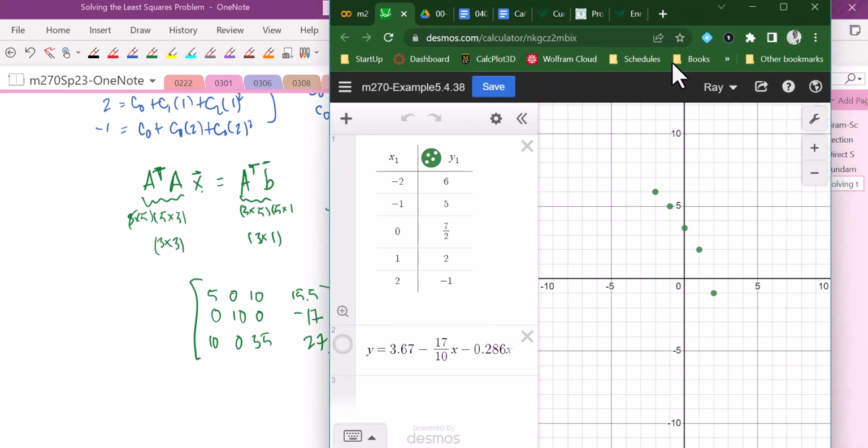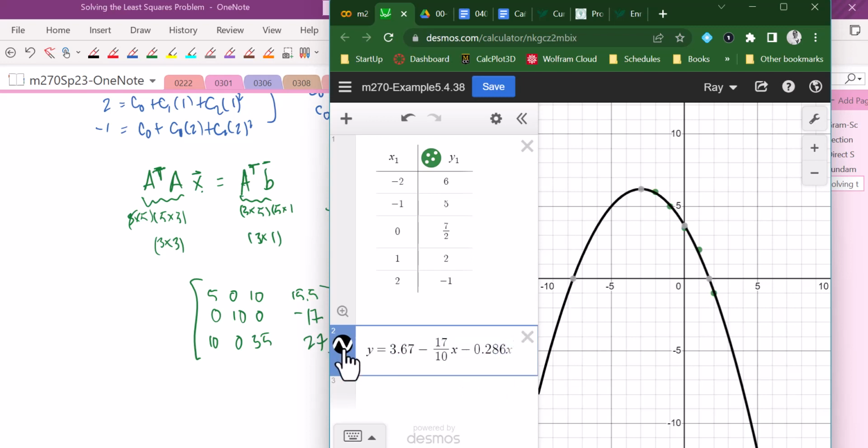And here we start off with our set of points. And then this is the polynomial that we just got. And so if we graph that polynomial, we'll see that it's the second order polynomial that would best fit the data set.